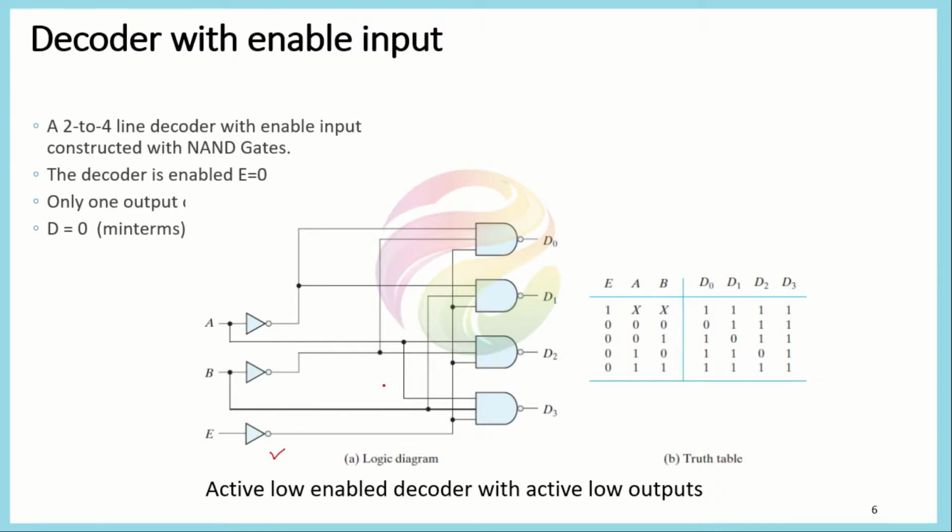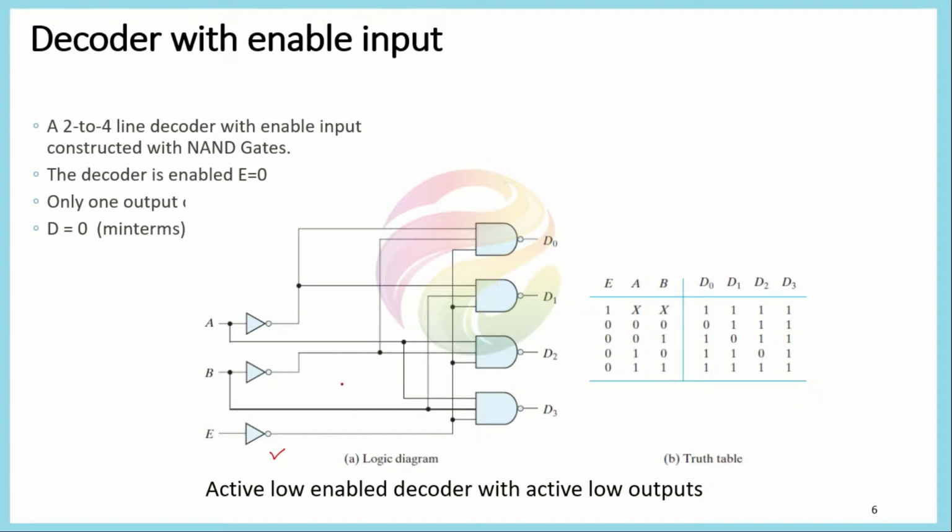We are using here again the active low enable, which means that if E is equal to 0, then our system will perform its functionality. When enable is equal to 1, all the outputs would be equal to 1, while when enable is equal to 0, then depending upon the combination of A and B, we will have 0 at the respective output, because this is represented in the form of a NAND gate representation.